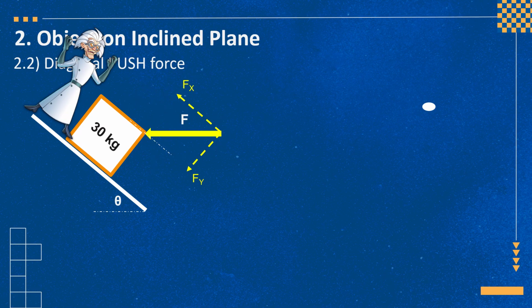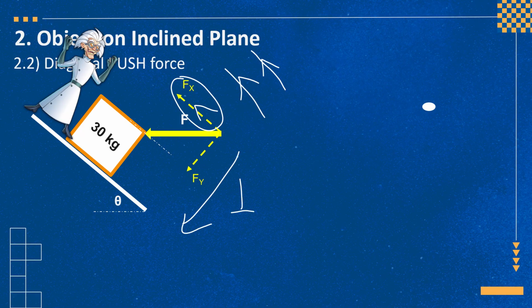So even this yellow diagonal force, relative to the surface, is a diagonal push force. So turn your head a little bit, and then look at the force, and you'll see the force is diagonal, and it has an Fx and Fy component. And this Fx component is now parallel to the surface. And Fy is perpendicular to the surface.